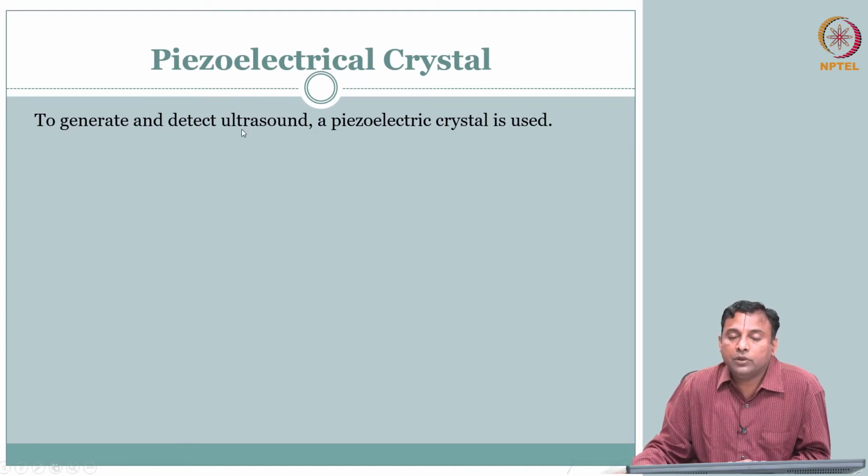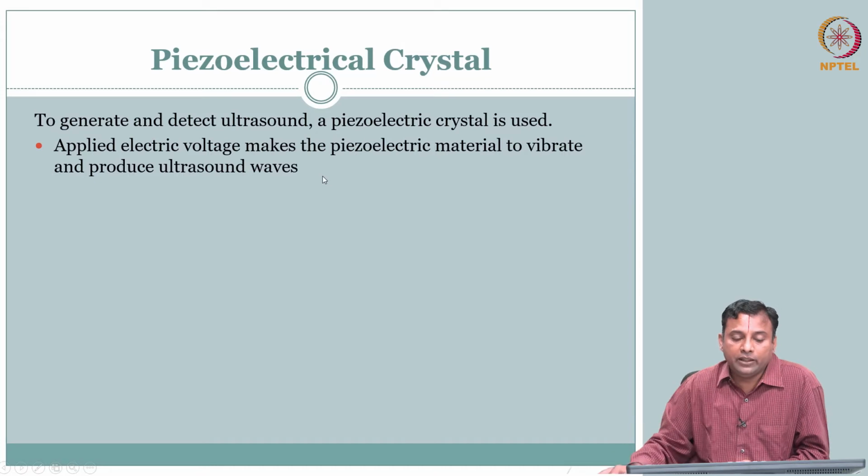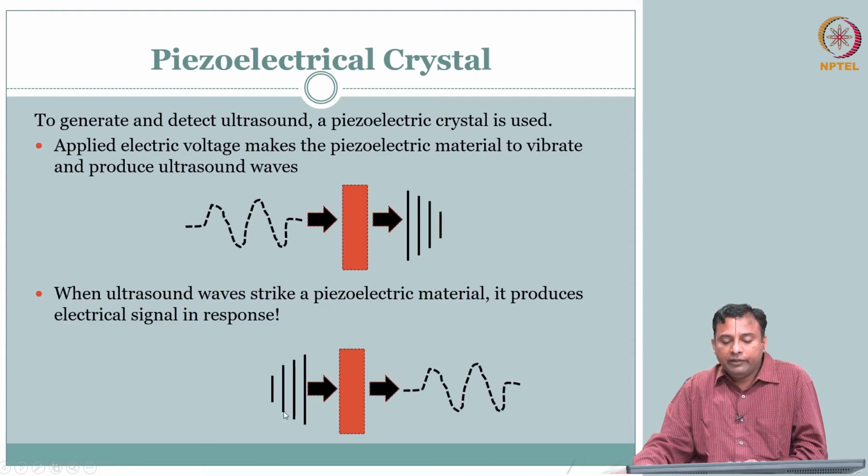That is the idea about this piezoelectric crystal, which is why it is very powerful. You could have the same crystal act as both transmit and receive. When you supply electrical voltage to this crystal, it starts to vibrate and you create a pressure wave. In the reverse, when a pressure wave hits, it will create a voltage. So, this is very important.